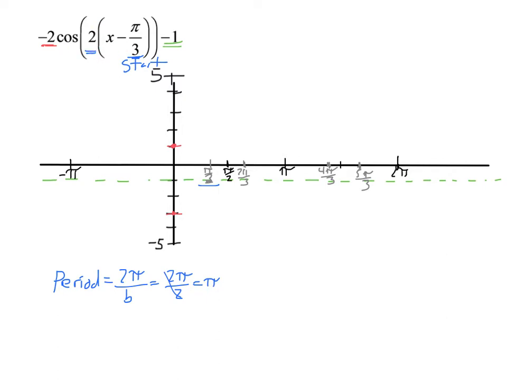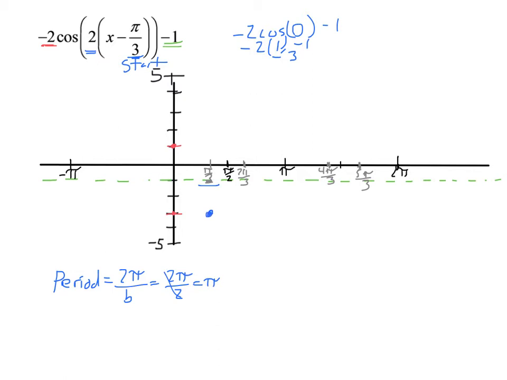So I'm effectively evaluating at this point -2 times the cosine of 0, all minus 1, and that's -2 times cosine of 0, which is 1, minus 1, so I'm actually down there at -3. So there's our starting one.